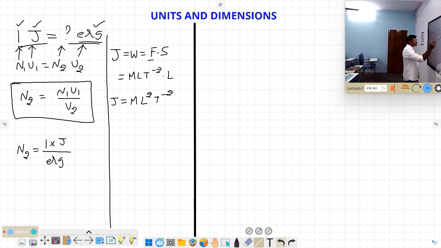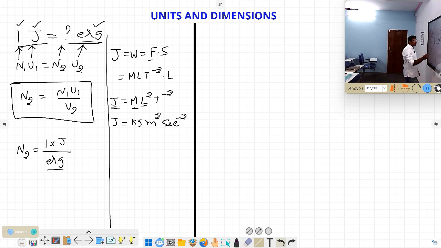Now this M is the fundamental mass of the joule. We measure mass in kg because joule is an SI unit. In the SI unit we measure mass in terms of kg. L is length, which we measure in meters, so meter square. Time is in seconds, that is second minus 2. This is the way you write joule in terms of SI units.